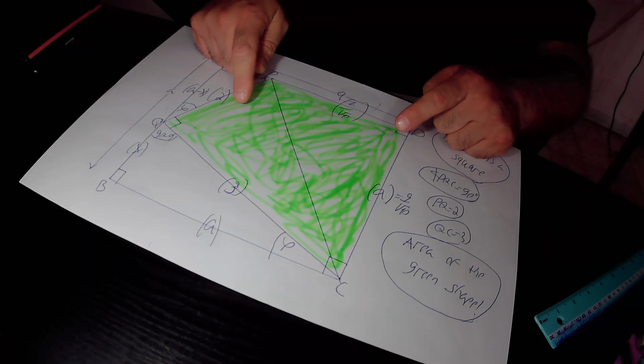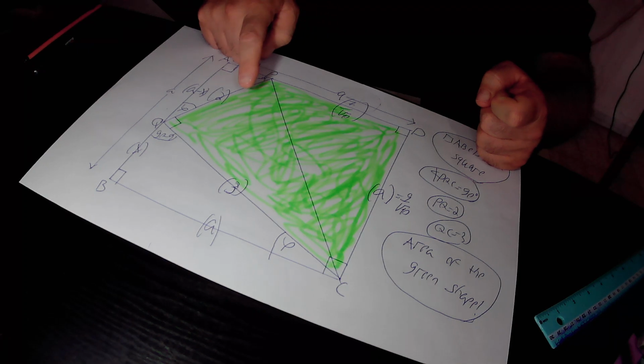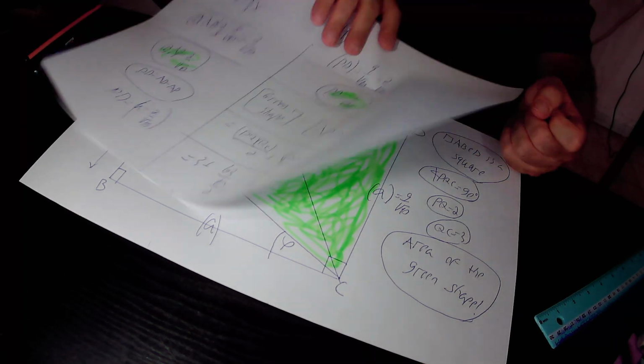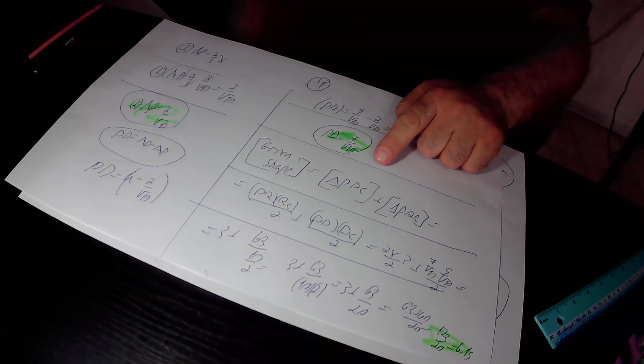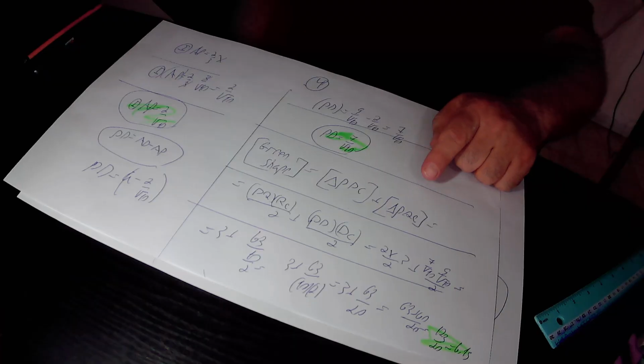Therefore, the area of this green shape must be equal to the sum of the areas of the 2 components it consists of. That is, the area of the green shape equals the area of right triangle PDC plus the area of right triangle PQC.